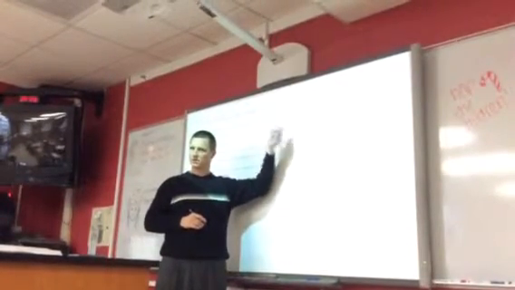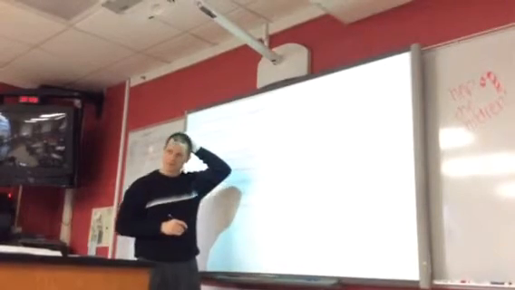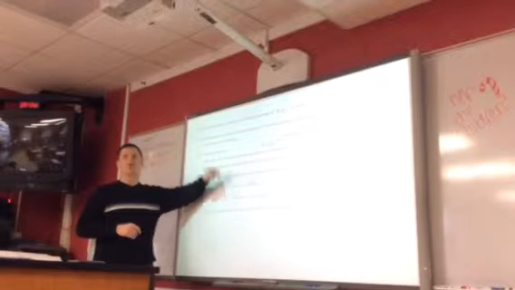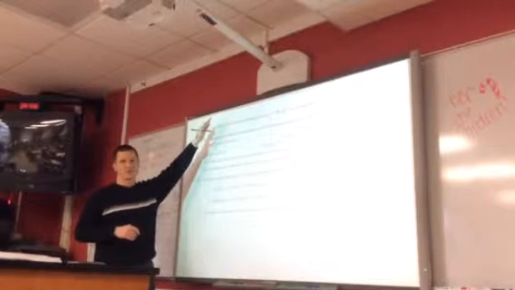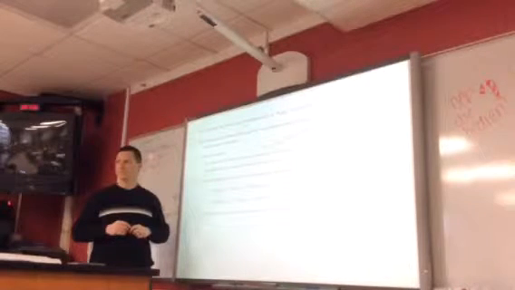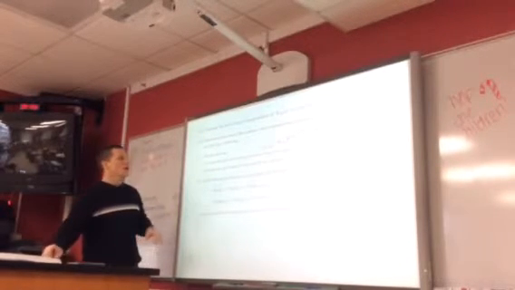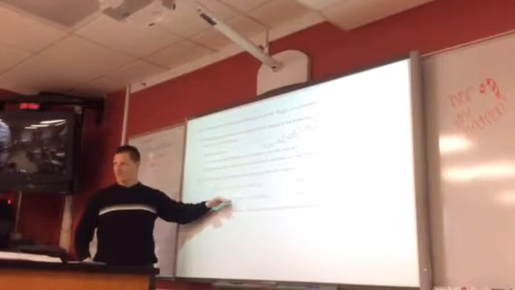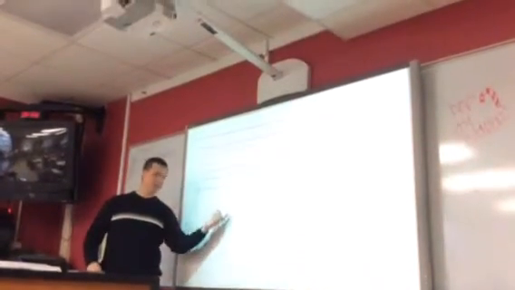Wait, the coefficients didn't matter? For the steps in the rate law, they do. For the overall, they don't. When you're analyzing a mechanism, the reaction goes through that step and then through that step.